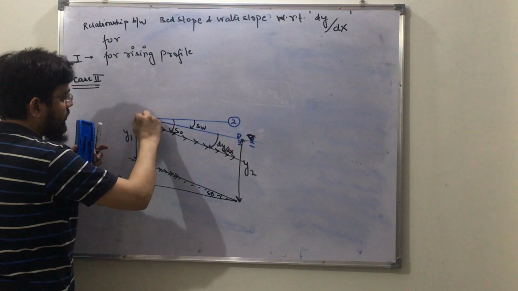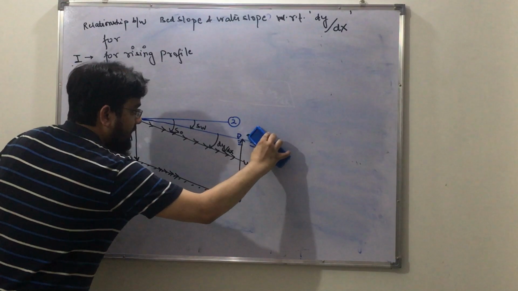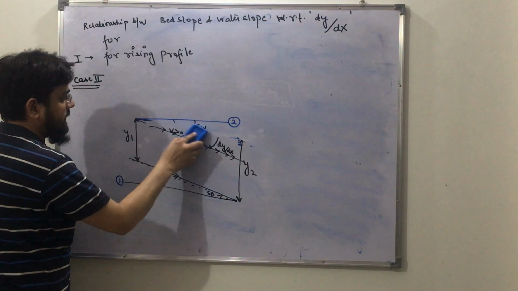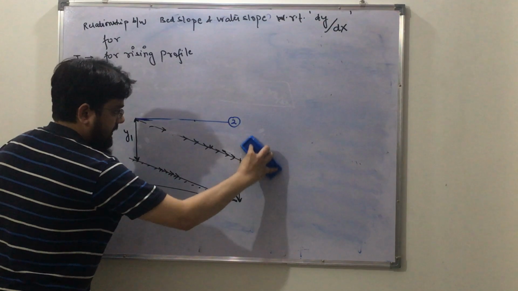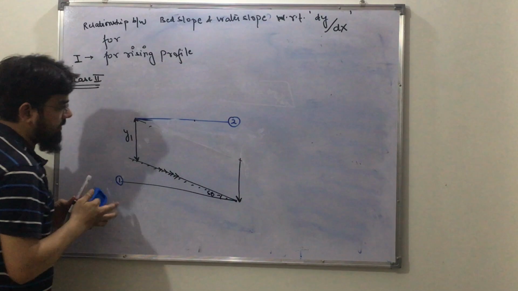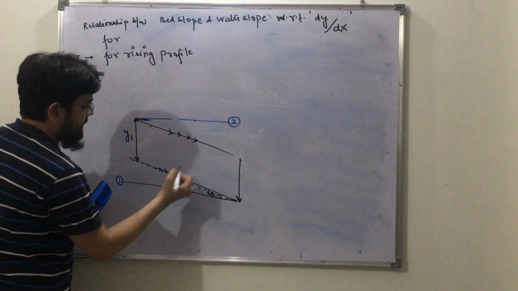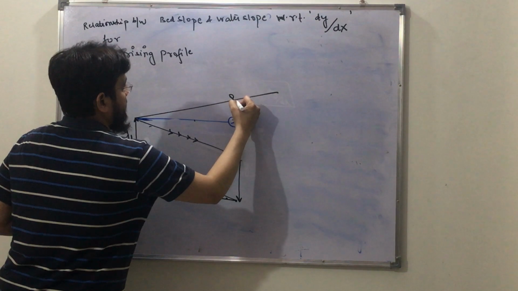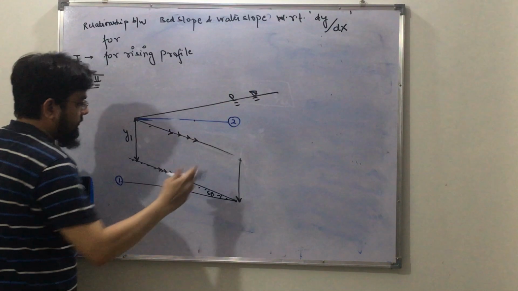We can also take this water profile to this place and it is also increasing. See what I am saying? I am rubbing this profile. The horizontal line remains. This line parallel to bed slope also remains. What I am doing is, say suppose this is the water surface profile. It is also very much clear that it is also a case of rising.